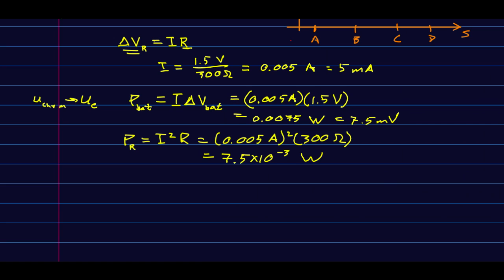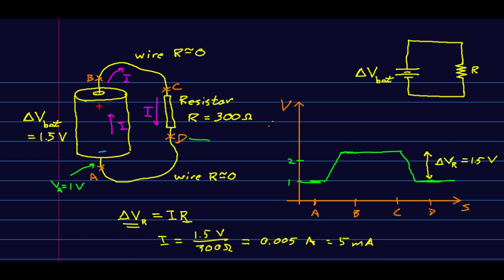Note, that had to be true. These had to be equal because the battery is putting electrical potential energy into the circuit. And if that electrical potential energy built up in the circuit, this circuit would be getting more and more and more energetic. Well, that would mean if you left your battery running with this resistor, eventually you'd have a dangerous situation with a huge buildup of energy.